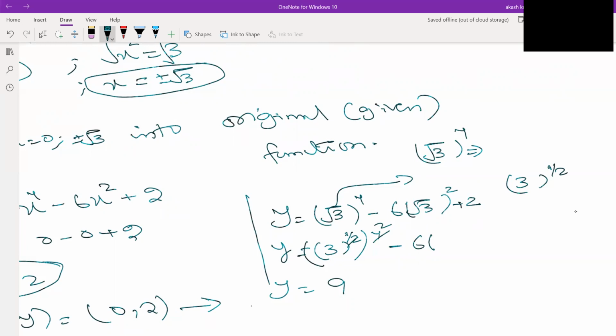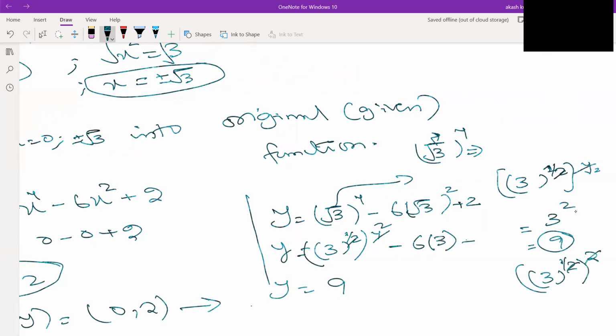Then 2 goes into 4 two times, so it will be left with 3 squared, which is 9. Again, we have square root 3 squared, so 3 raised to the power half, whole power of 2. The 2 cancels out with the 2, and we are left with 3 only.